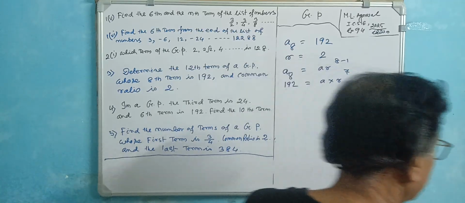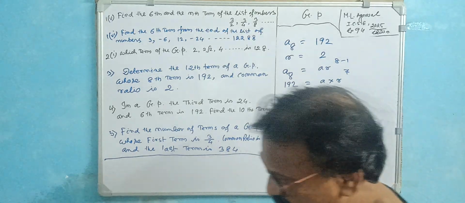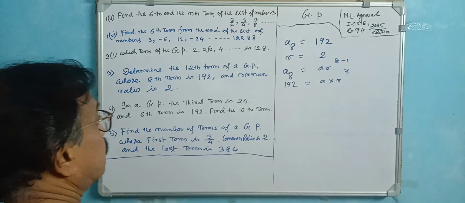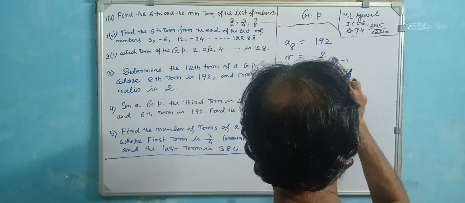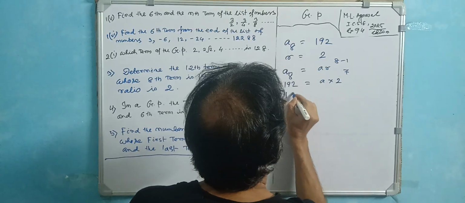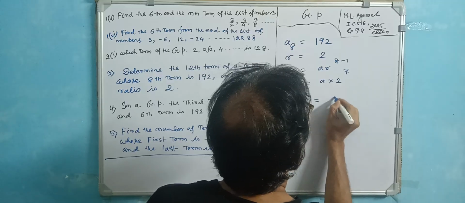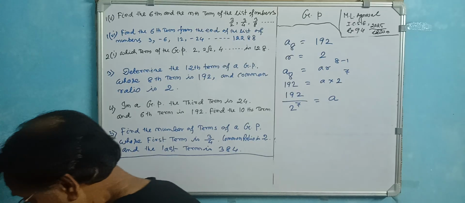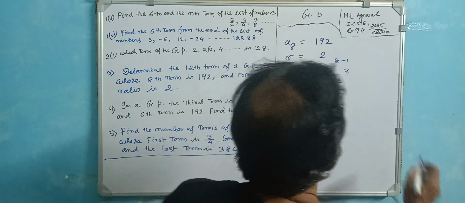From here I calculate the value of A. R is 2, so 192 equals A times 2 to the power 7. That is A.